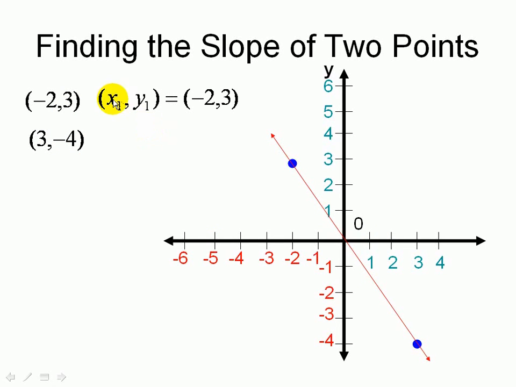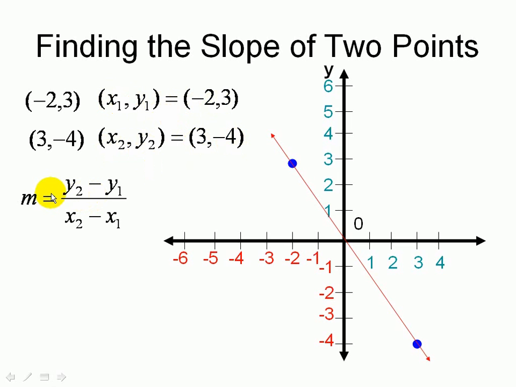Now we define (x1, y1) as the ordered pair (-2, 3), and (x2, y2) defined as (3, -4). Applying our definition of slope, which is the change in y over the change of x, y2 minus y1 over x2 minus x1.